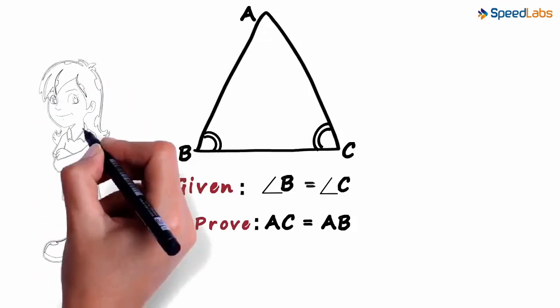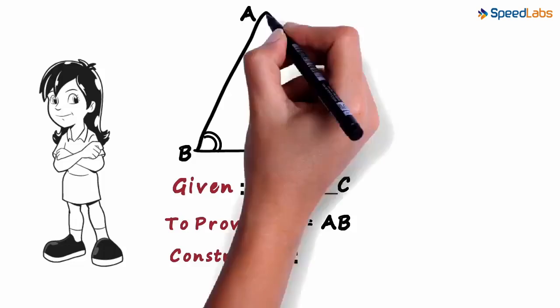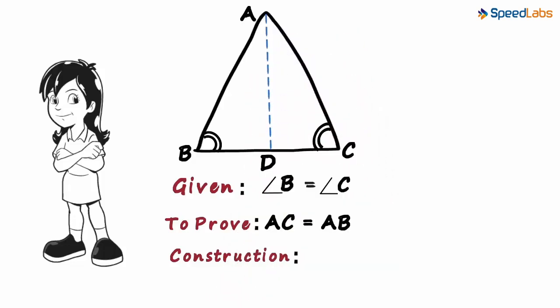Let's think of the different possibilities of how we can form two triangles. We can draw a line AD like this to form two triangles ABD and ACD. If we prove these two triangles congruent, sides AC and AB will be corresponding parts of congruent triangles, which in turn will also be equal.